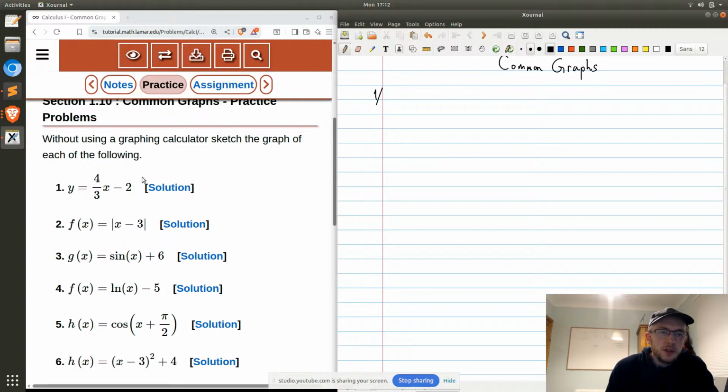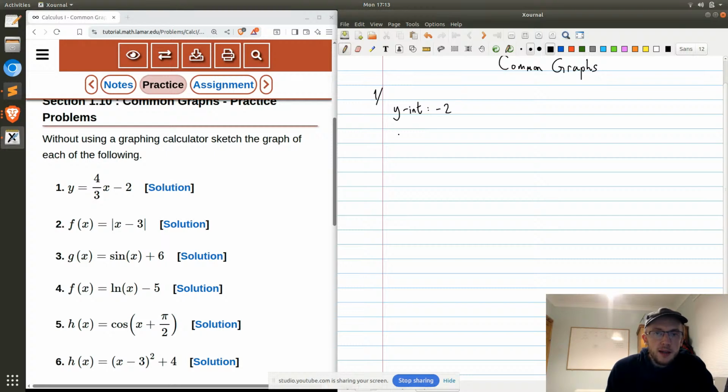For example, this first one is a linear function. So you better get its positive or negative slope correct. And also you better find its x and y-axis intercepts. So for the y-intercept, it's straightforward, just substitute x equals 0.